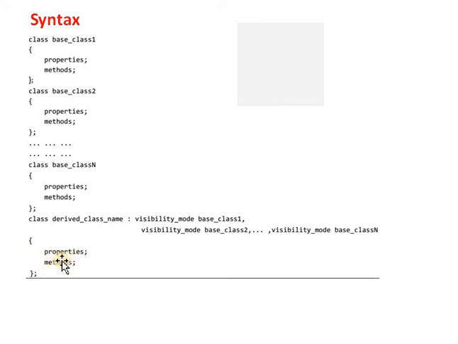This type of inheritance we call multiple inheritance. There are multiple base classes and only one child class. In a real life scenario of multiple inheritance, a child inherits from its father and mother. This can be considered an example of multiple inheritance.